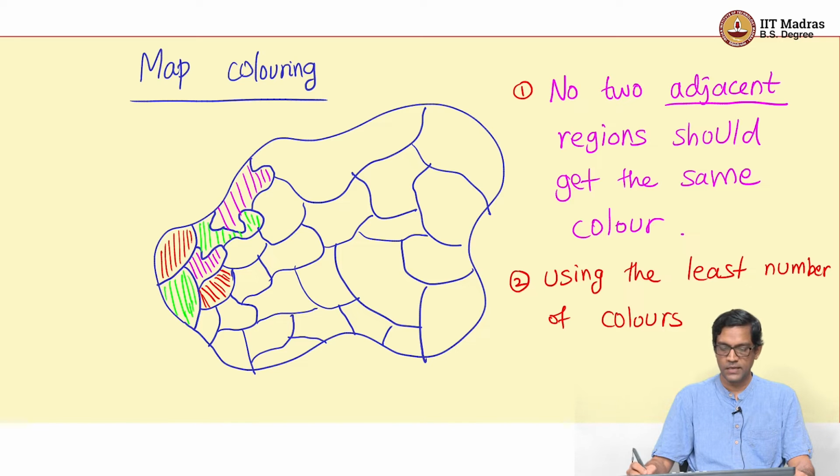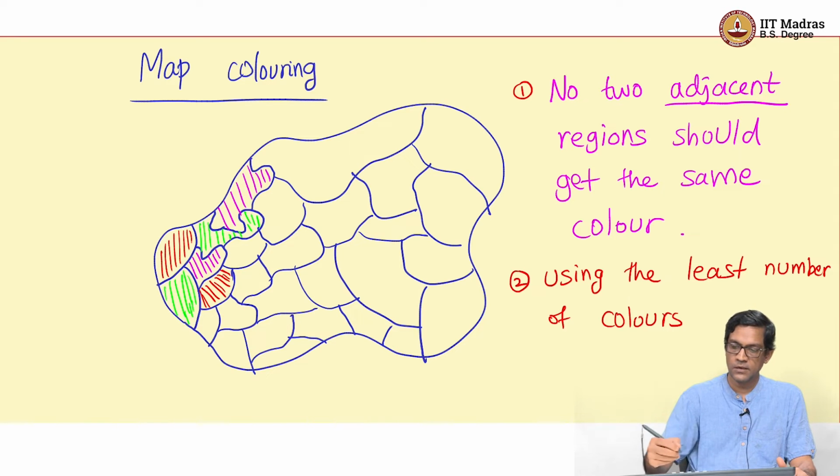Now it turns out that this can actually be phrased as a problem on graphs, or planar graphs. So how do graphs come into play when you are trying to color maps? What you can do is imagine that there is a graph involved in this whole thing.